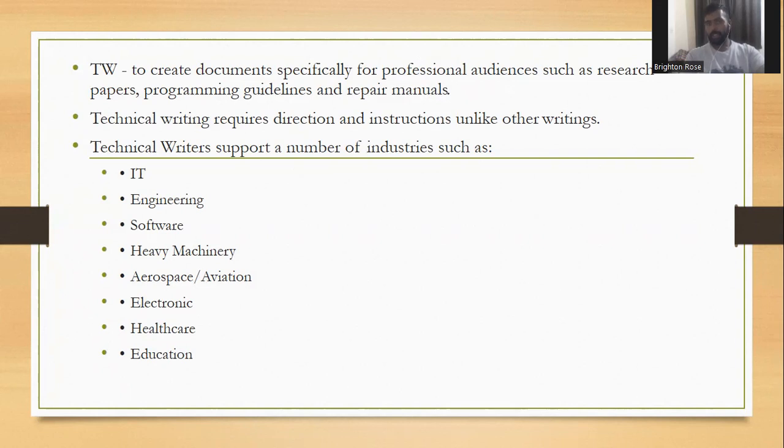This shows that technical writing plays a very predominant role in almost every sector that has something to do with technology or machinery. Every company that has something to do with machinery will definitely have technical documentation on how to use a particular apparatus or machinery.